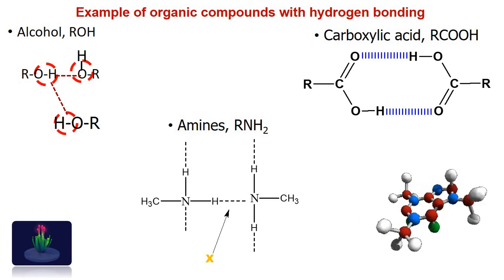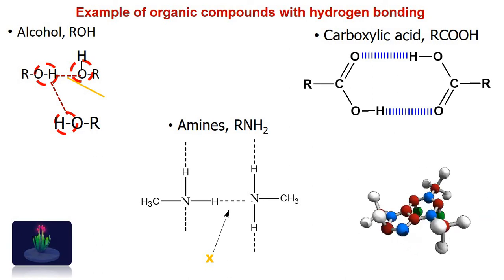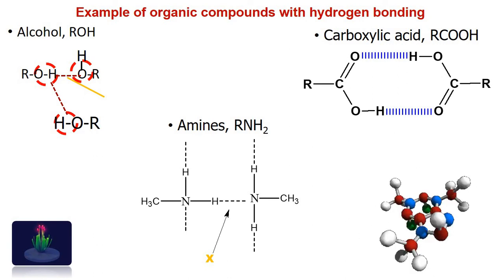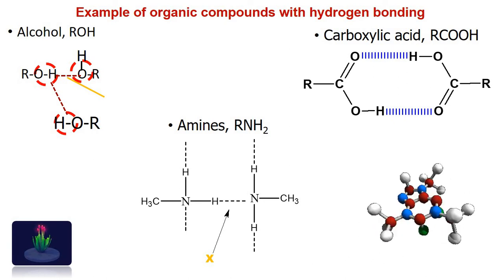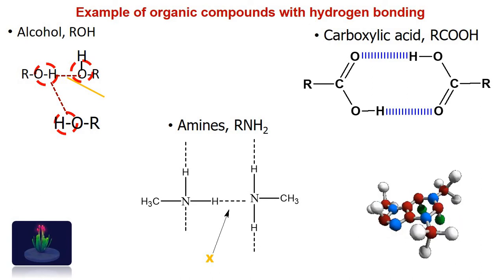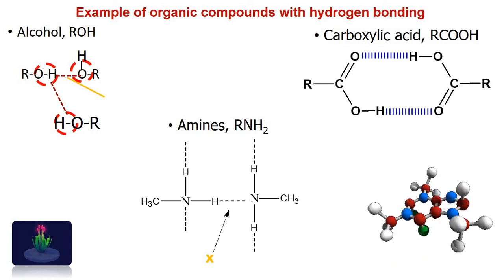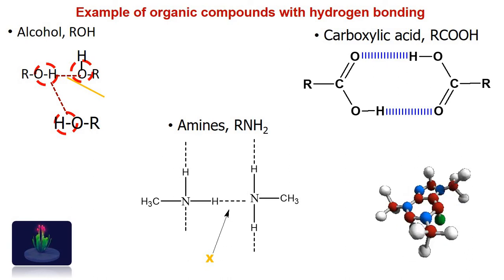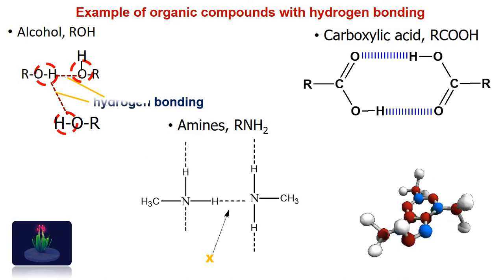From this meaning, we can identify the formation of hydrogen bonding. Dotted line can be shown between hydrogen atom in one molecule and oxygen atom in neighboring molecule. Next, label the forces formed between these two molecules as hydrogen bonding.